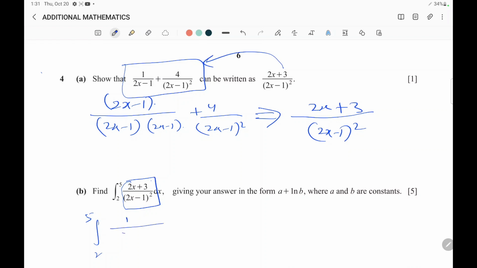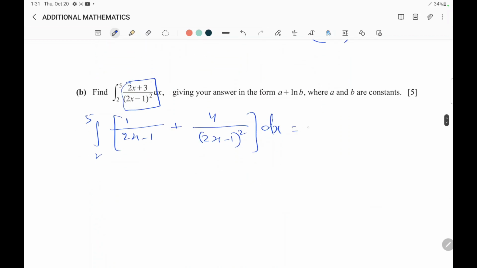So write 1 over 2x minus 1 plus 4 over 2x minus 1 whole square, and we need to integrate this. Now 2 to 5, this is 1 over 2x minus 1 plus 4 times 2x minus 1 to the power minus 2 dx.